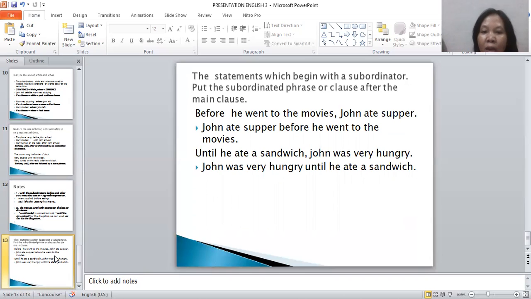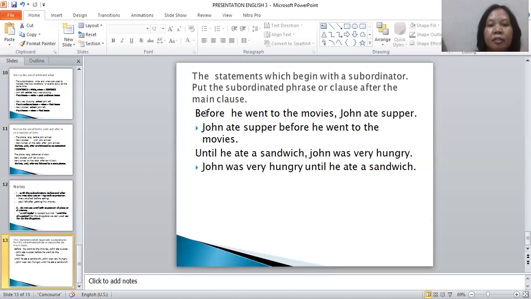John ate supper before he went to the movie. The second example is until he ate a sandwich, John was very hungry. John was very hungry until he ate a sandwich.